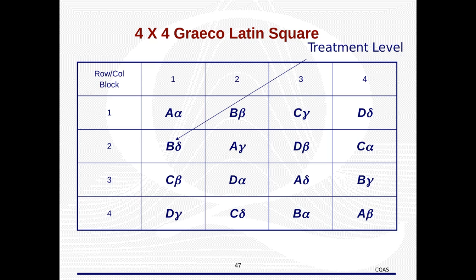Each treatment level appears exactly once in every row, every column, and every Greek letter category. This orthogonal arrangement ensures balanced control of nuisance variation across all 3 dimensions. The table illustrates the practical implementation of the theoretical framework we discussed previously, showing how researchers can efficiently allocate experimental units while maintaining statistical rigor across multiple sources of potential confounding variation.